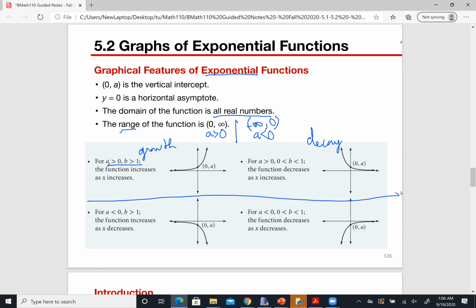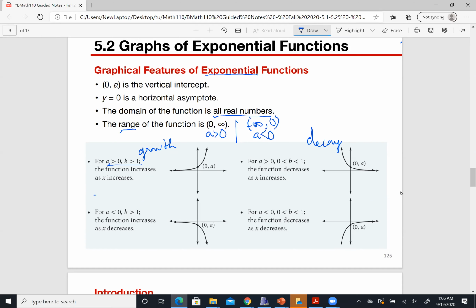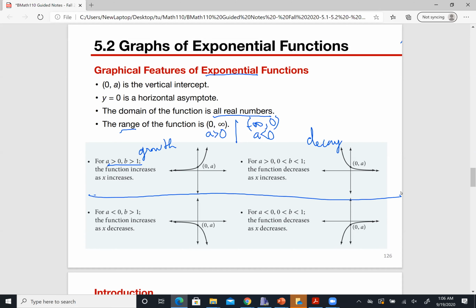For the second case, when a is less than 0 and b is greater than 1, it is the opposite way for growing and decaying. So in here, it's actually a decay, and you see in the graph that it is decreasing from left to right.